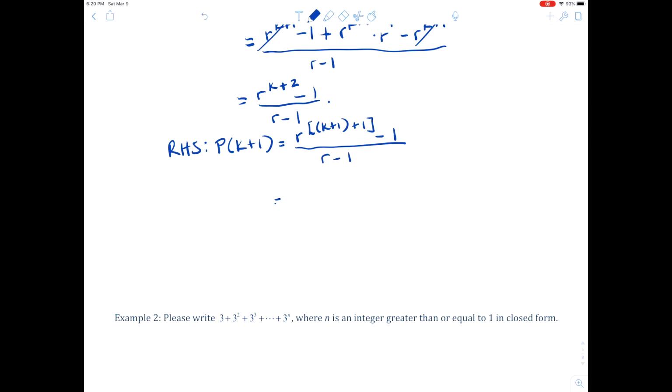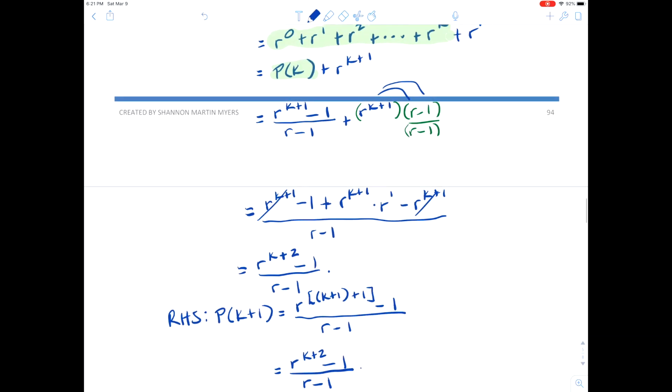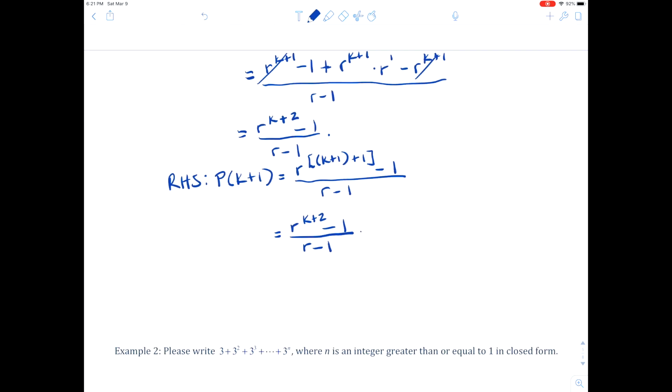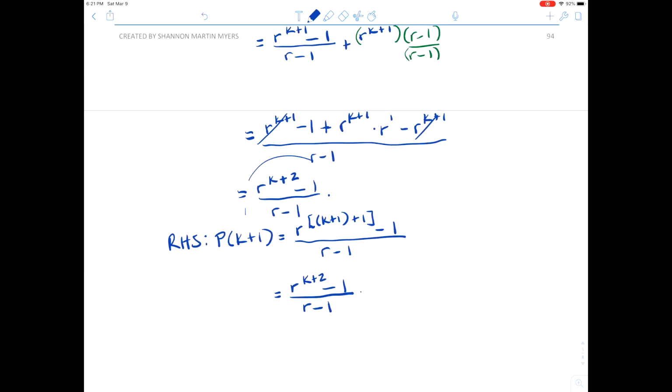But what is that equal to? r to the k plus 2 minus 1 over r minus 1. And isn't that what we got for our left-hand side? Right? So groovy, we did it, and we've verified that property.